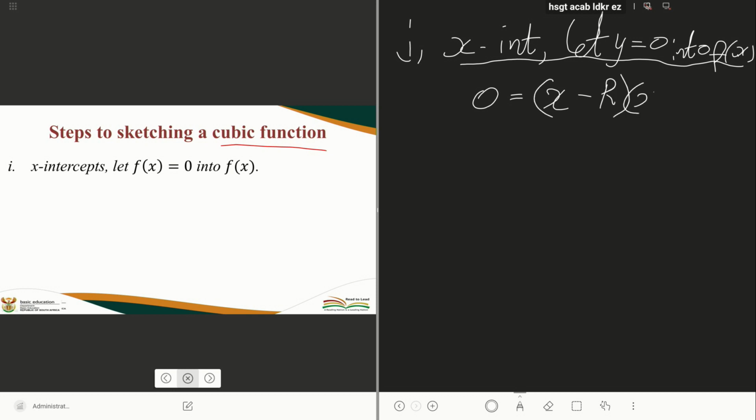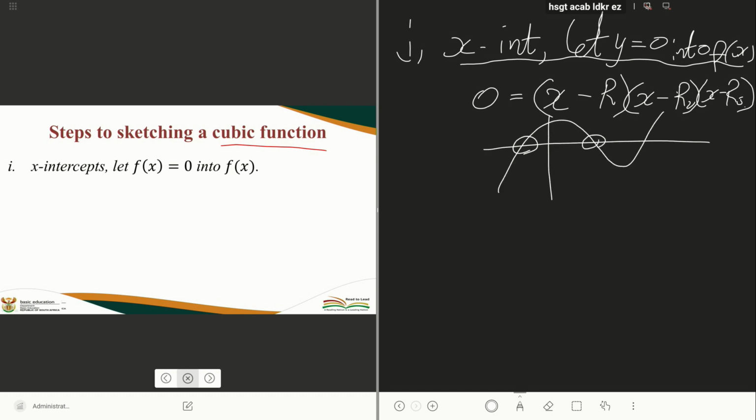If I can use that part, I will show you where it comes from: x minus root 3. You're going to be having 3 roots, so those are going to be my x-intercepts. There, there, and there.